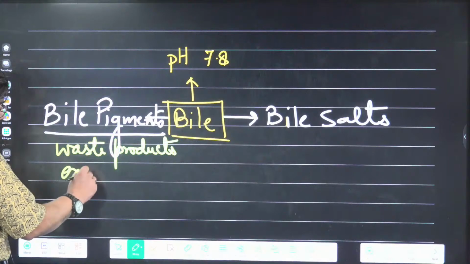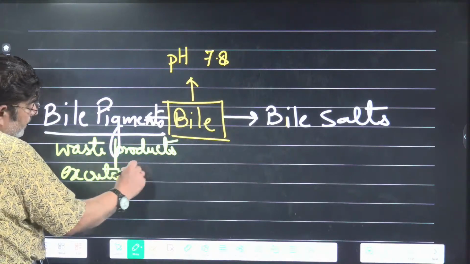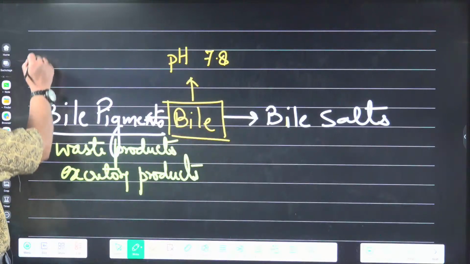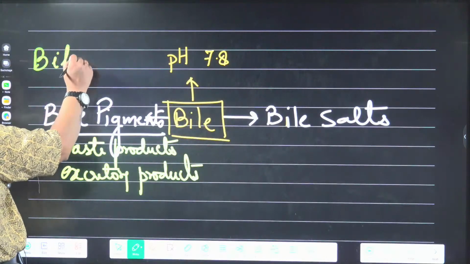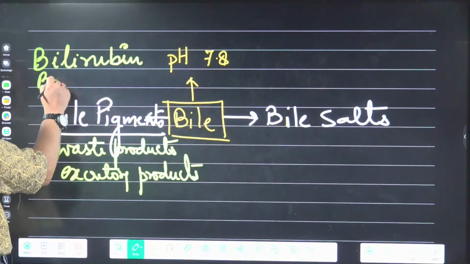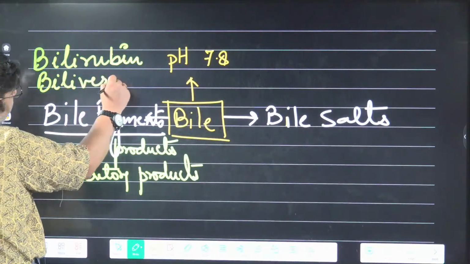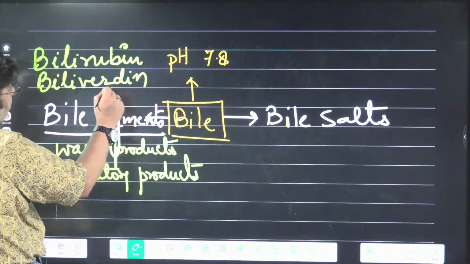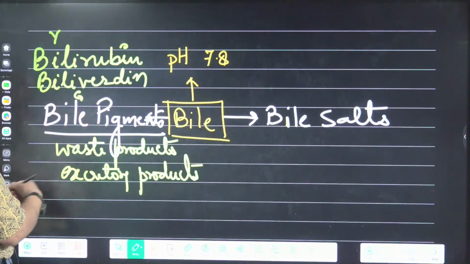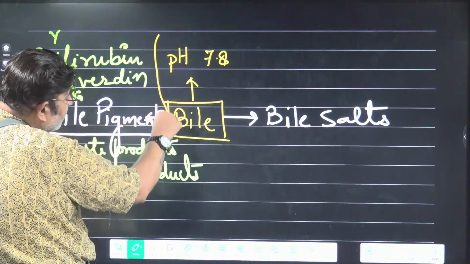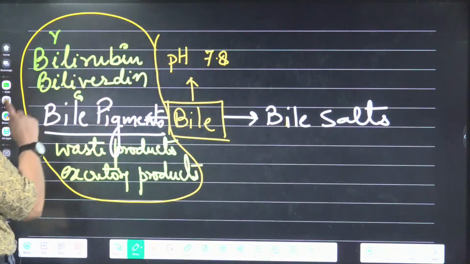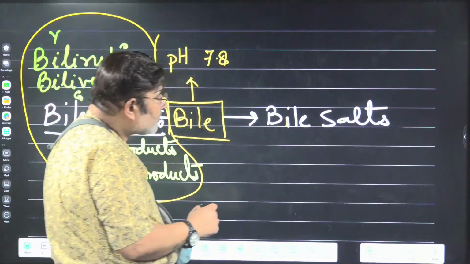Examples of bile pigments: bilirubin and biliverdin. Bilirubin is yellow in color and biliverdin is green in color. What is the function of bile pigments? No function. They are waste products. They don't help in digestion.